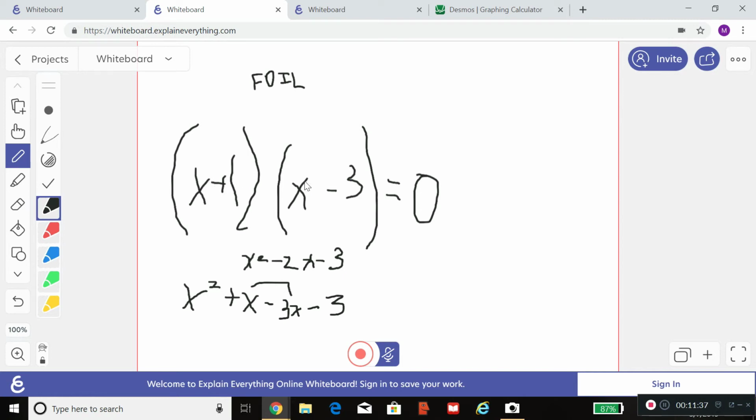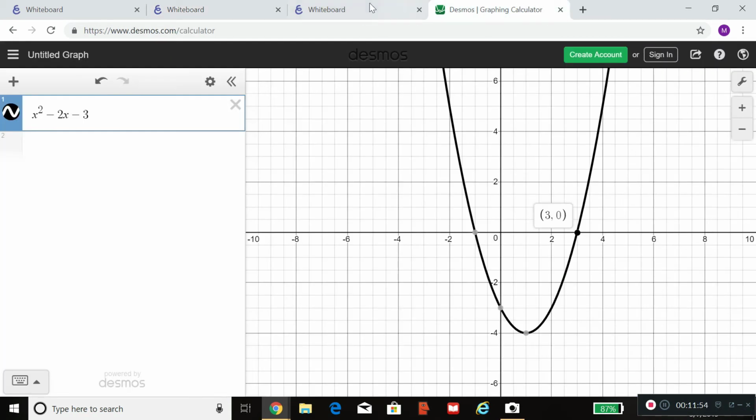But think, if I plug in 3 for x here, then 3 minus 3 is going to be 0, and anything multiplied by 0, no matter what this is, is going to come out as 0. Same thing here, minus 1 plus 1 is 0. So that's our first realization of graphing.